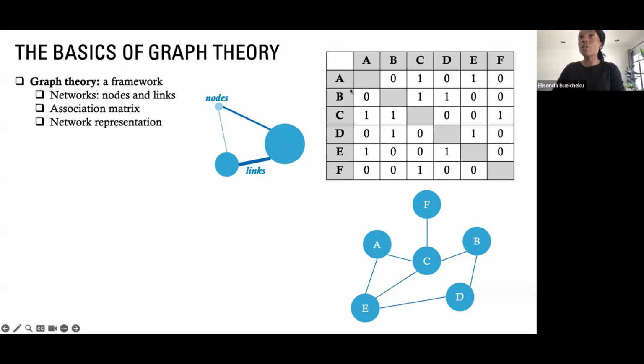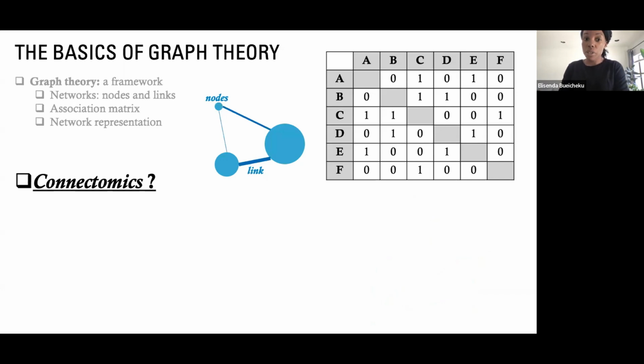So we say that between A and C, there is some kind of relationship, so we see a link between them. And between A and F, because there is no relationship and we put 0, there is no link.